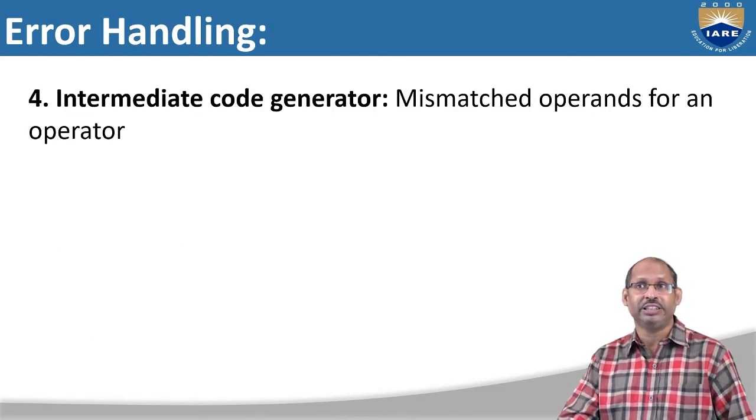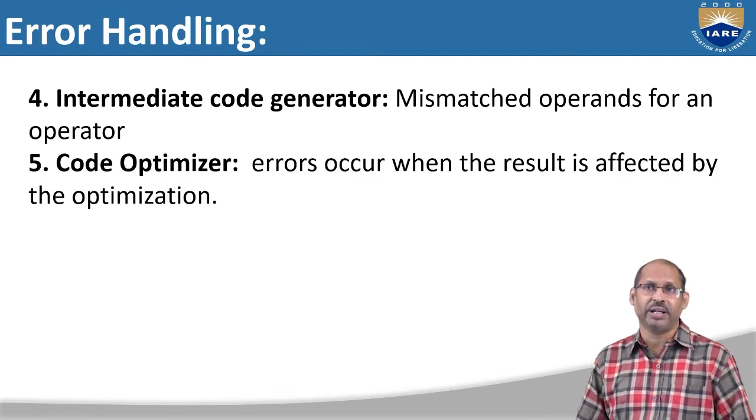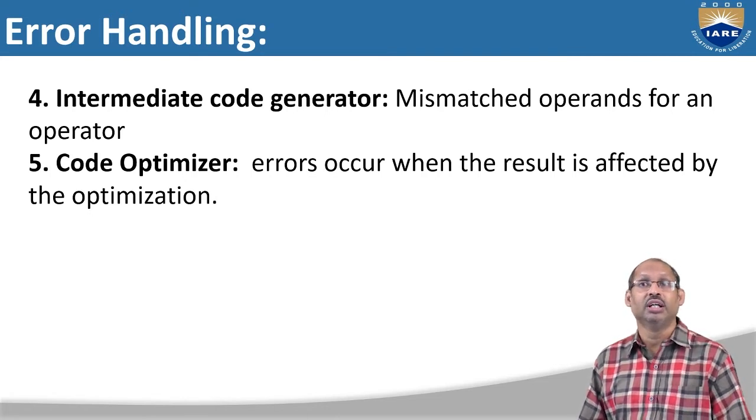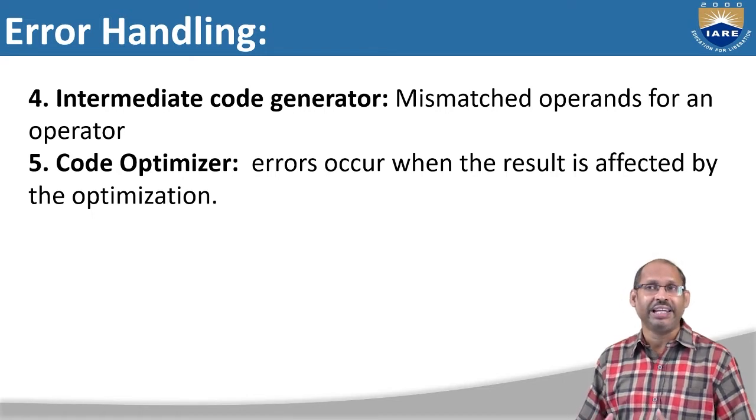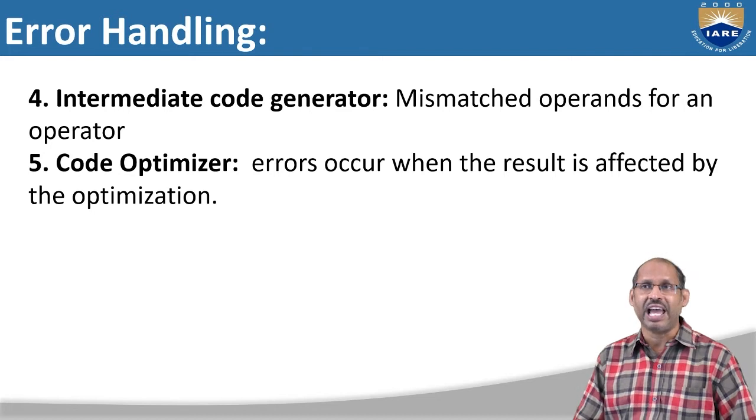Then the intermediate code generator. Any mismatching of operands for an operator will be reported by the intermediate code generator. The task of the intermediate code generator is to convert the abstract syntax trees to three address code or other intermediate forms. While it is converting, if any errors occur, it will generate error messages.